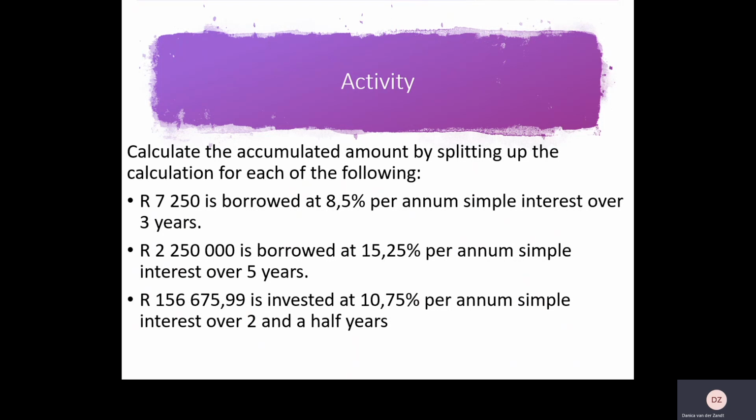So my question was, what is the interest? What would your answer be? There we go. What was my interest rate? 8.5%. My principal amount? And my accumulated amount is 9,098 Rand and 75 cents. So I want you to do number 2 and number 3 in that same format, please.